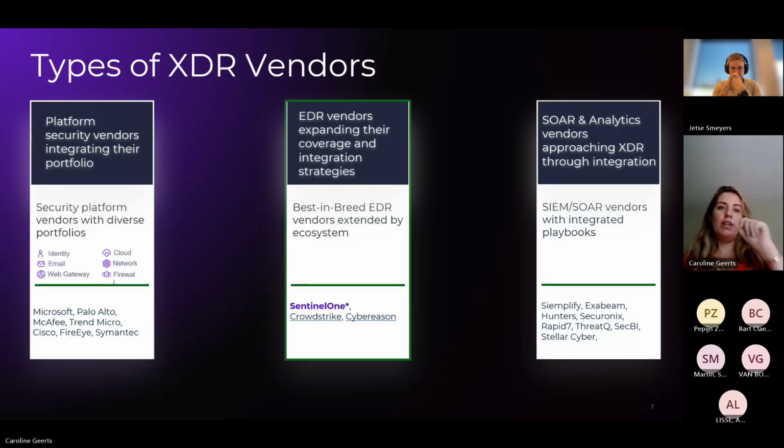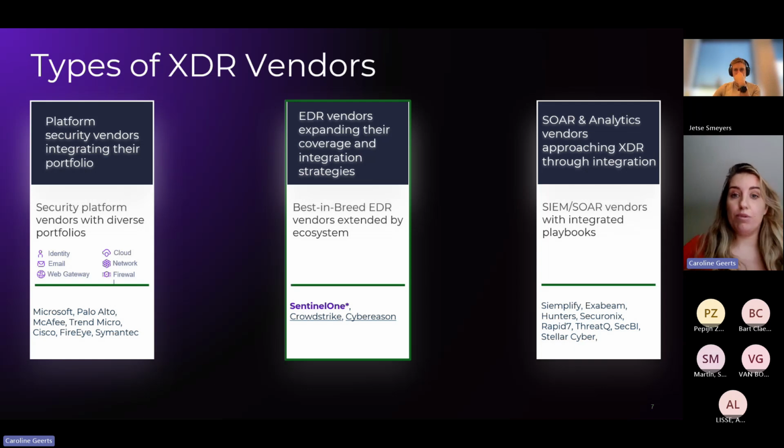I told you about different types of XDR vendors. As we know, XDR is not really a product, it's a way of thought. Gartner has grouped them into different types of vendors. We have the platform security vendors integrating their portfolio: Microsoft, Palo Alto, McAfee, Cisco fall under that category.